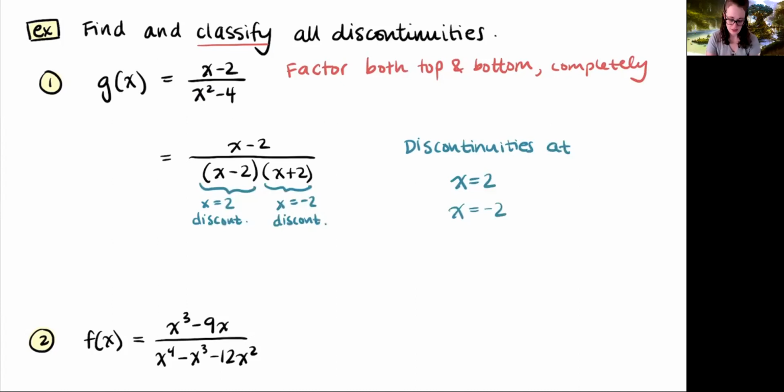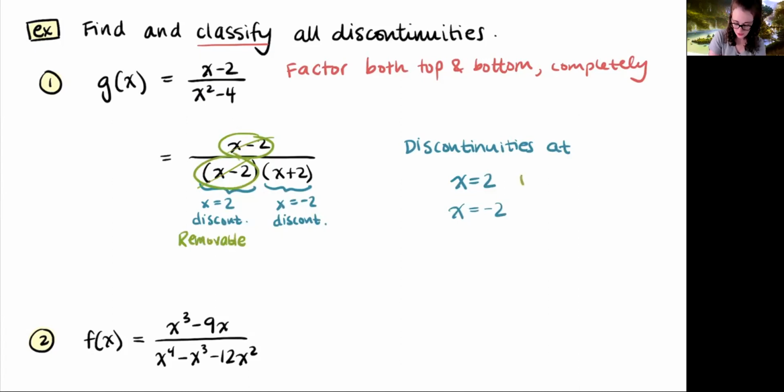The one that gives us the x equals positive 2 has the same factor in the numerator. So when you plug a positive 2 in, you're going to get a 0 up top and a 0 in the bottom. And so this is going to result in a hole. Anything that you can cancel out like this or remove, that's what we would call a removable discontinuity. So we can cancel these. They're the same here and here. So this one would be removable.